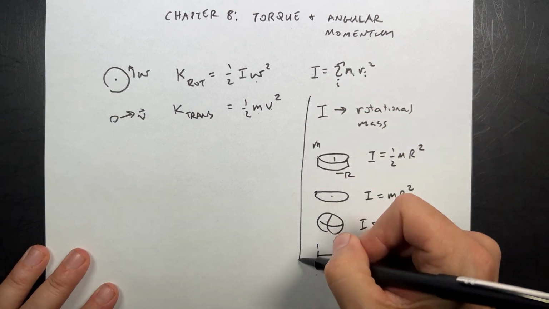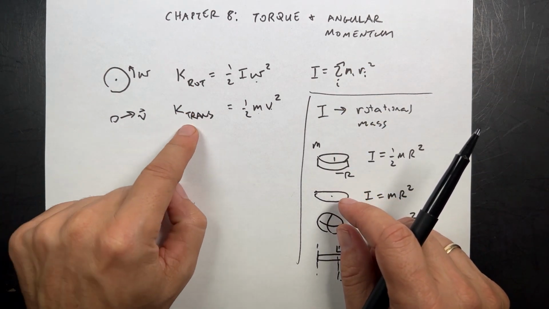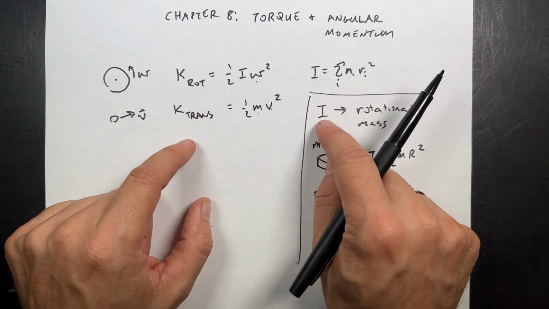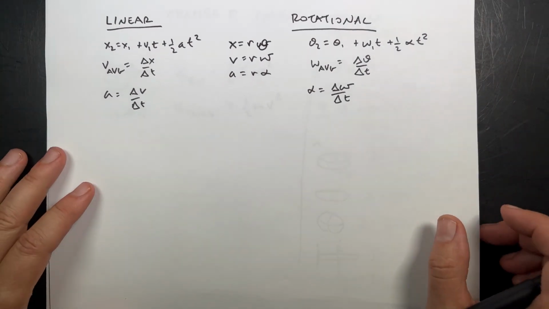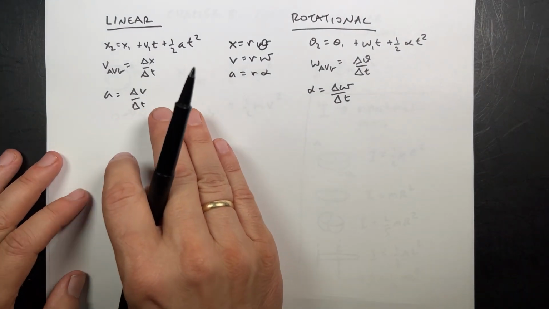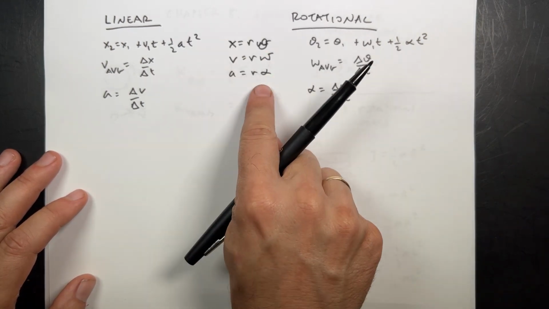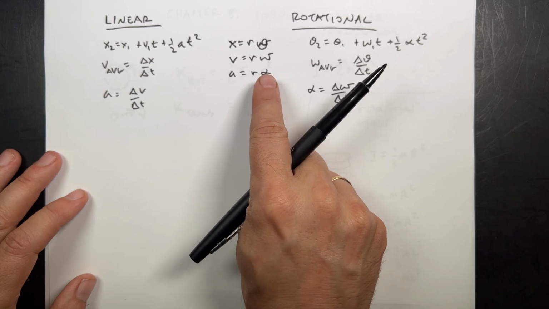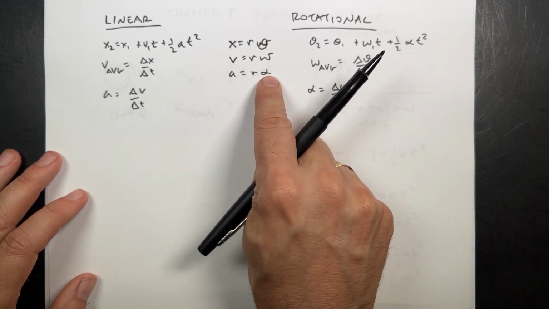So that's moment of inertia. But we start to see this thing. We have rotational kinetic energy, translational kinetic energy, mass, rotational mass. So I'm starting a little sheet here because we've already done this before. We have linear quantities with their corresponding rotational quantities. This is my connection between linear and rotational quantities: angular position, angular velocity, angular acceleration, alpha.